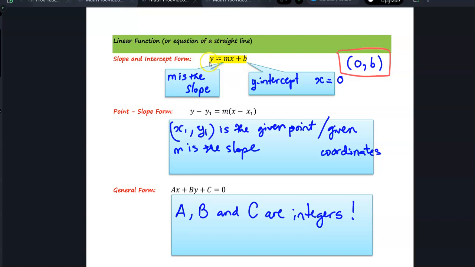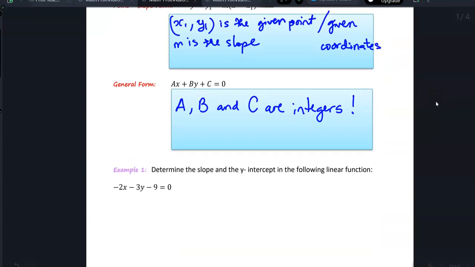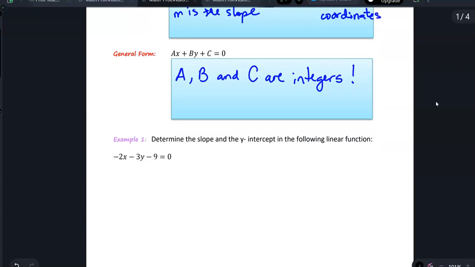Note that you are solving for y. That means you only have y on this one side of the equation, and you put everything over to the other side of the equation. Okay, so in order for you to do that, you must solve for y. Okay, so I'm going to put it here that I'm going to solve for y.